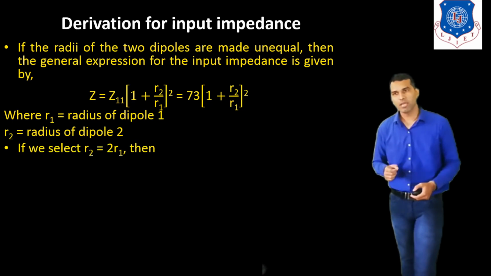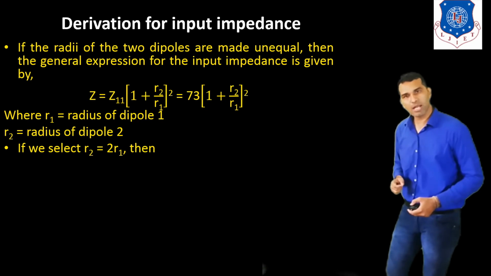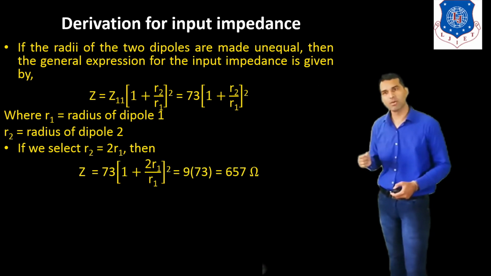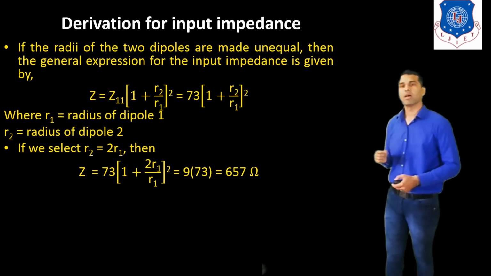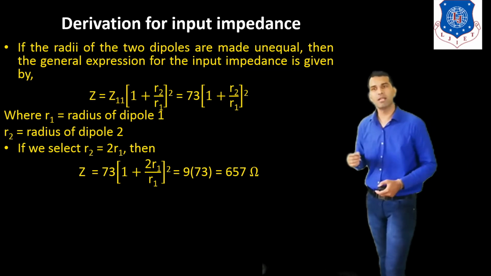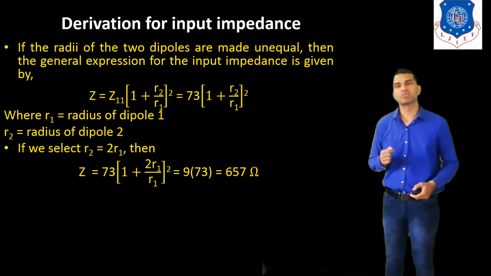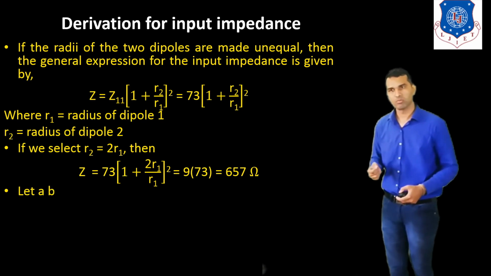Now if we select R2 equals 2 R1, then we can write this equation as Z equals 73 into (1 plus 2R1 upon R1) squared. When we simplify this equation, we get Z equals 657 ohm.